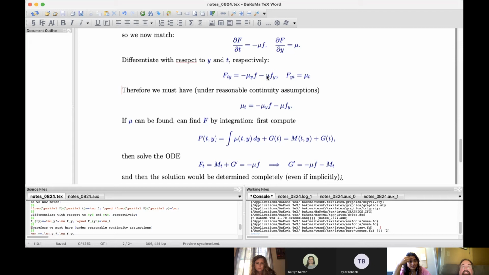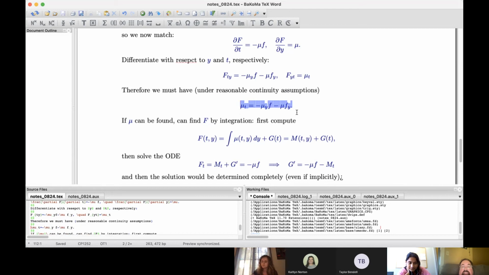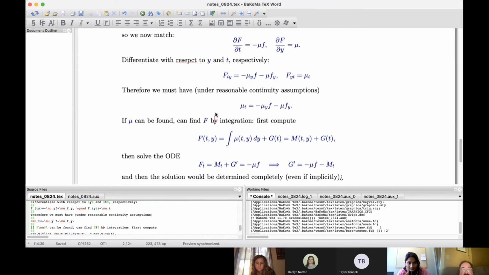Like maybe you assume that little f has a certain form, and if little f is of that form, then this equation simplifies, and then you can get an explicit formula for mu, and therefore you get a formula for capital F. So what I'll do, and I'm about to run out of time, is on Thursday, I'm going to show how this framework can be used to derive all three of those distinct methods for solving certain classes or categories of first order ODEs.